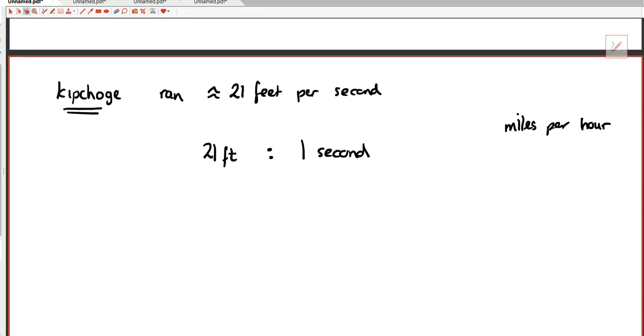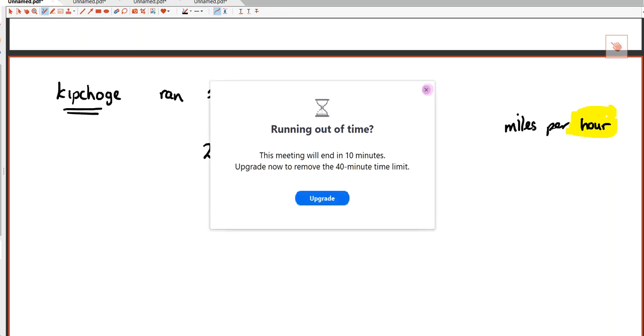So we're going to do a two-step process, but we're still going to use our ratio method. So anyone want to start us off? I'm going to suggest that we start off by talking about the hour. So we're going to go for how many feet he is going to run in 1 hour. So how can I do that?